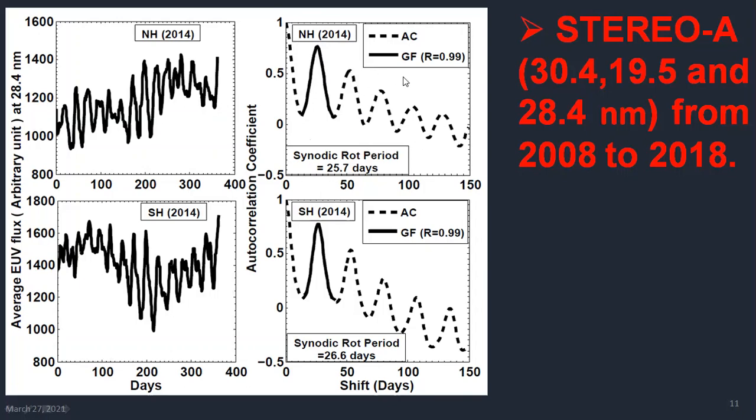So for the northern hemisphere and southern hemisphere, the rotation periods are about 25.7 days and 26.6 days. Here we can see a considerable asymmetry in the hemispheric rotation rate. This asymmetry is about 1 day.